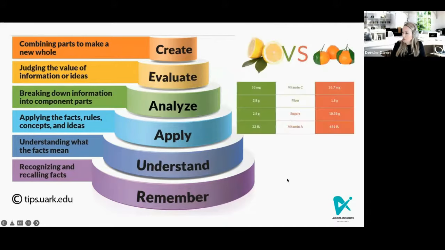Then when we go to evaluate, we're looking at a completely different level. We're looking at what a lemon looks like in terms of a mandarin, for instance. What is the difference? Or an orange? How much vitamin C is there in each of these? How much fiber, vitamin A, sugars?